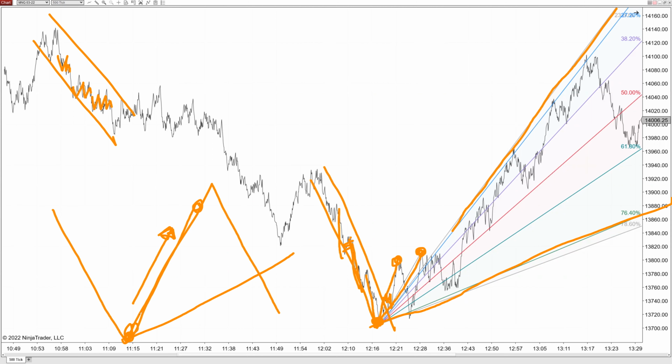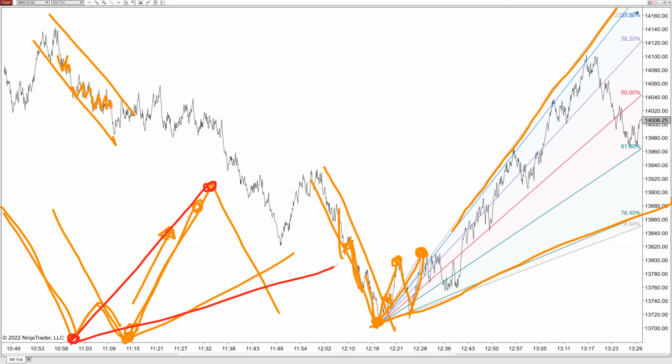So what we want to do is look at momentum on corrections, whether we get double taps, double bottoms. If we have a double bottom, for example, over here, we can shift our fan from this low to that high. And that's going to give us really good support levels for our Fibonacci fans.